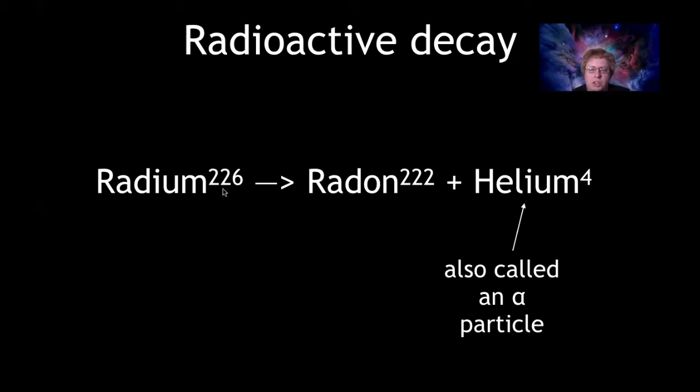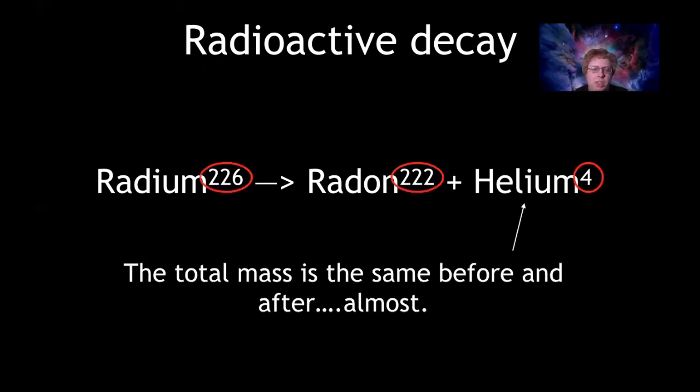You can notice here that the total mass seems to be very similar between these three. You're not really changing the total mass very much, if at all. So the mass of this atom here is 226 proton masses, essentially. This is 222 proton masses, and this is 4 proton masses. The total mass is almost the same, though.